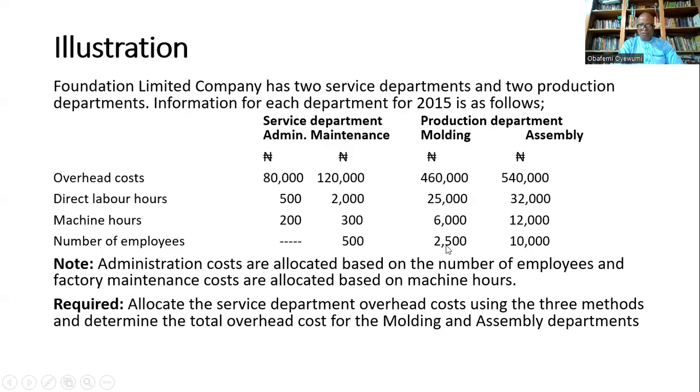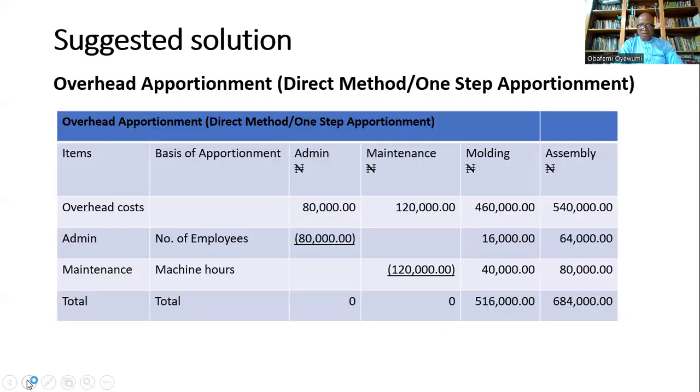So we have 2,005 over 12,005, and then multiply by the 80 that we have here. When you do that, you have 16,000 and then 64,000. So this one has been shared accordingly. That's the end of the apportionment of this particular overhead using the direct method.